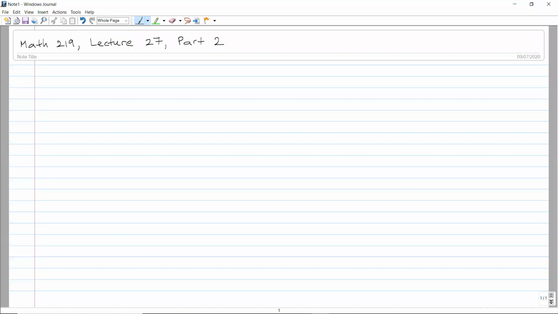Now we are going to consider some other heat conduction problems. Basically, we are going to consider only two other problems.